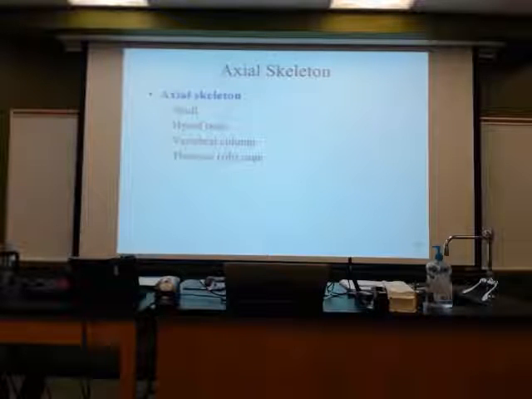If you lift up the head, it looks like little vampire teeth. It's a bone that's not articulating with anything else. It's held in place by different muscles and ligaments, and it supports our jaw.